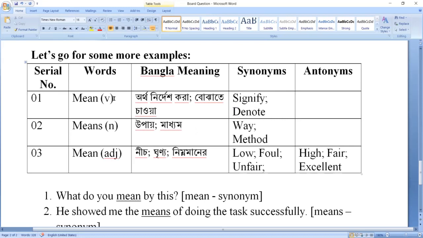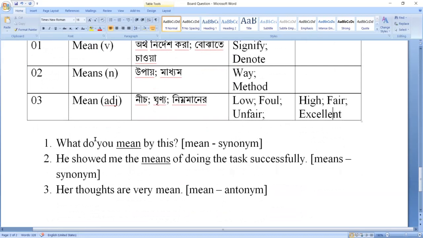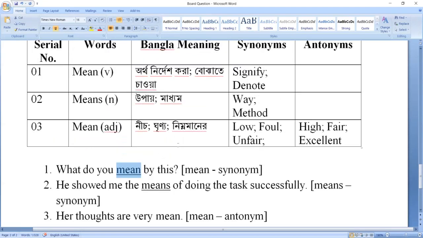Okay, so here I have given you 3 different sentences and you have to now find out the synonym or the antonym according to the sentence. Suppose this is the sentence. What do you mean by this? In this sentence, mean is in verb and this mean refers to বোঝাতে চাও, that is তুমি কি বোঝাতে চাচ্ছ এটা দিয়ে.